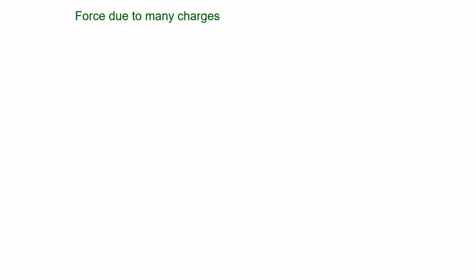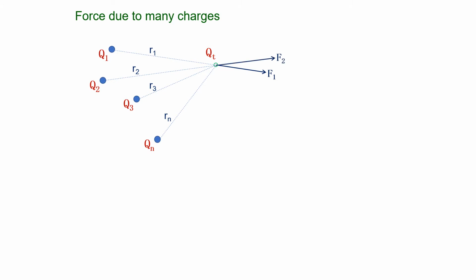Let us look at the force due to multiple charges. Let there be n charges Q1, Q2, Q3 and so on Qn. They are all separated from a test charge Qt by distances R1, R2, R3, so on Rn. The force on the test charge due to Q1 is F1, due to Q2 it is F2, due to Q3 F3, due to Qn the force is Fn.